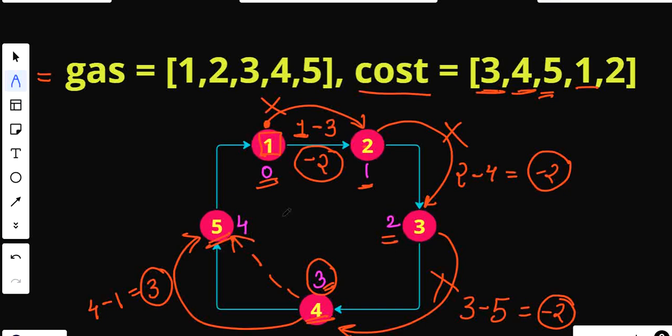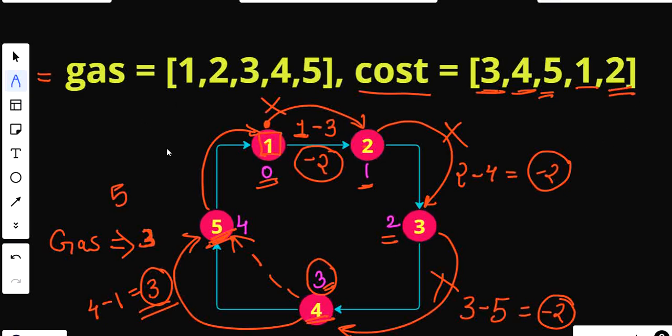At this point, the amount of gas that is present in my car is 3. We just calculated this, right? And at this place, I am saying now go back to 0 position, because this is a circuit traversal, right? So if I want to go from here to this place, which is the last place, what I will do is the same thing. At this place, the gas is 5 and the amount of cost is 2.